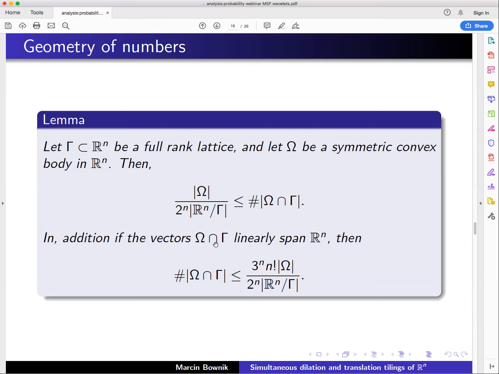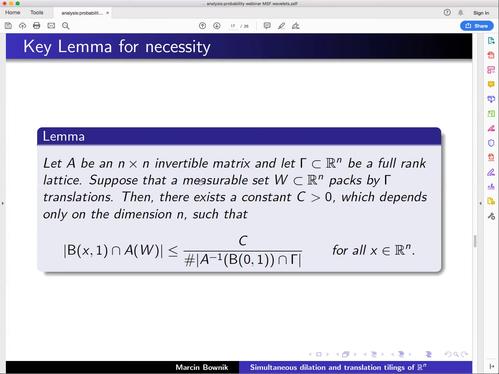So the key lemma for necessity is like this. It's probably easier than for sufficiency, so hopefully you'll be able to understand this. If you have an invertible matrix A and a full rank lattice Gamma, you take a measurable set W that packs by Gamma translations. There is no mention of dilations, just a set that packs by Gamma translations.